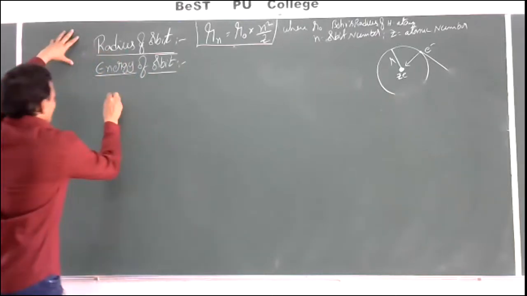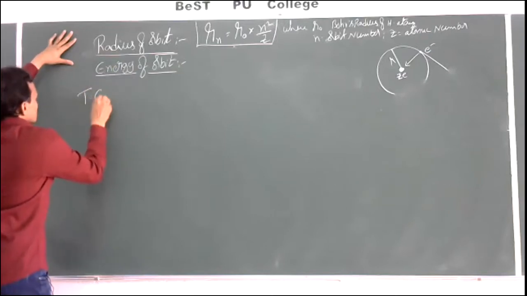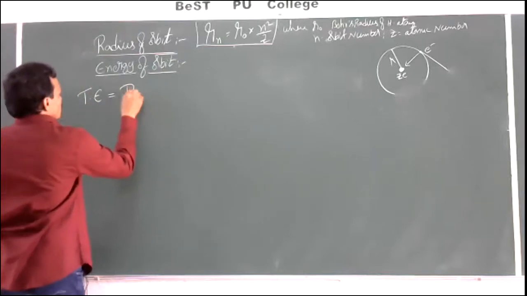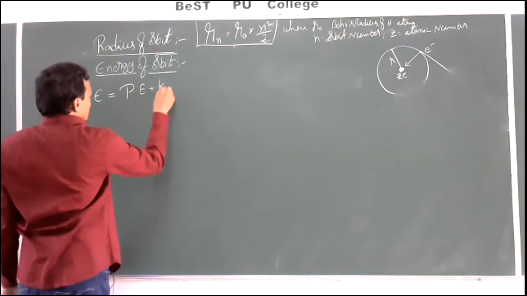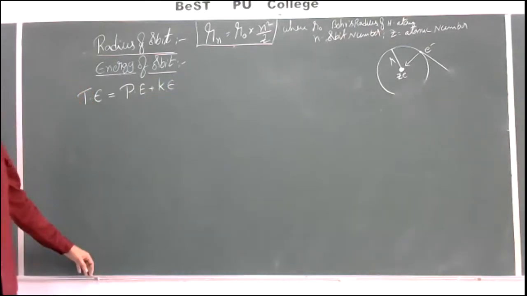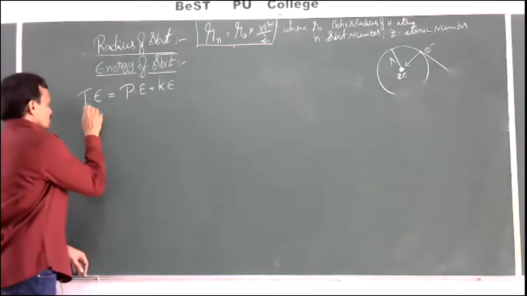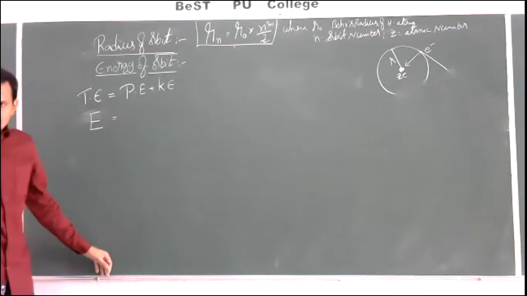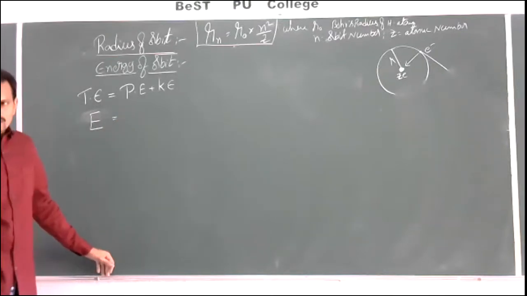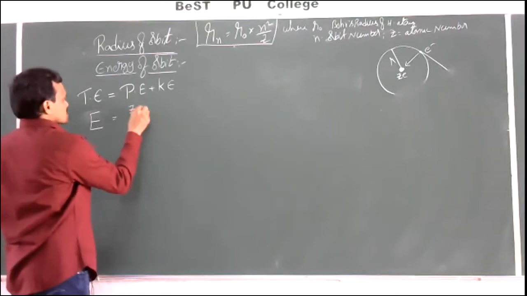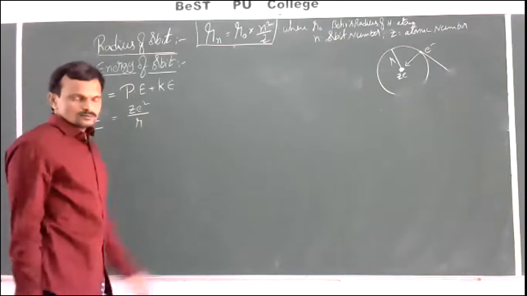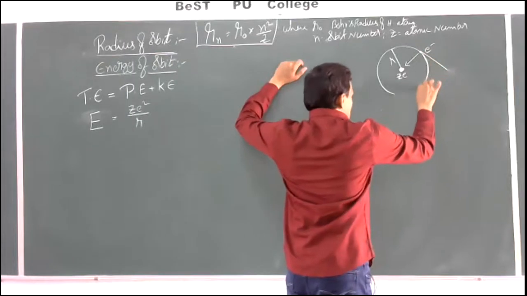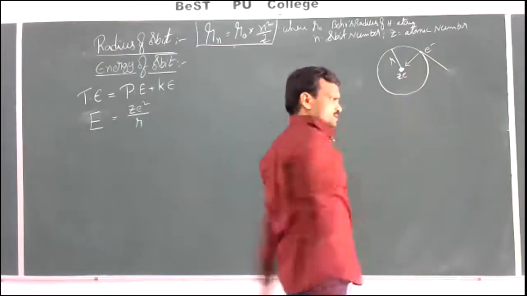See, the total energy of the revolving electron is equal to the sum of potential energy plus kinetic energy. Now, the total energy I am going to represent with the symbol E. Total energy E is equal to potential energy, which is nothing but Ze square by r, the product of the charges divided by the distance.